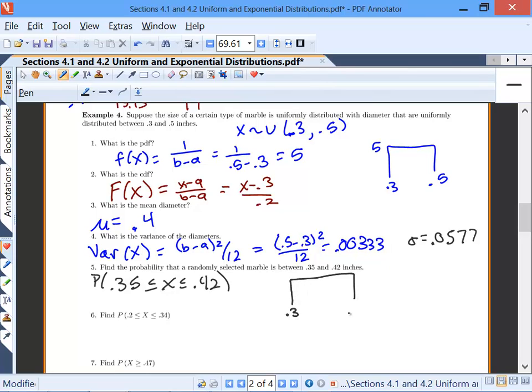So here's my 0.3, here's my 0.5. I am trying to find the area from 0.35 to 0.42. Okay. So what would that be? What is the width of that? My width is 0.7, and my height has to be 5. So this gives me 0.35.